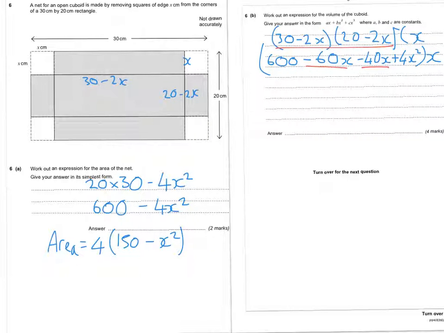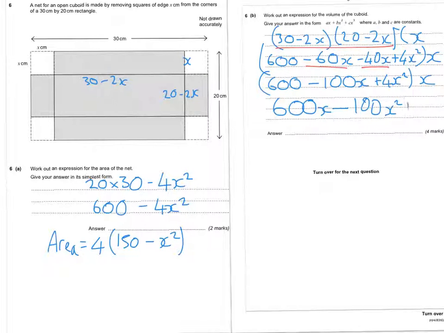So I've got 600 minus 100x plus 4x squared, all times by x, so we get 600x minus 100x squared plus 4x cubed. A equals 600, B equals negative 100, and C equals 4. Okay, all done.